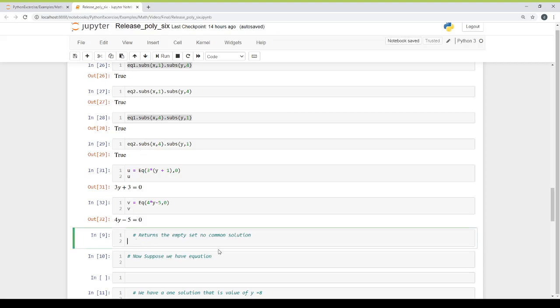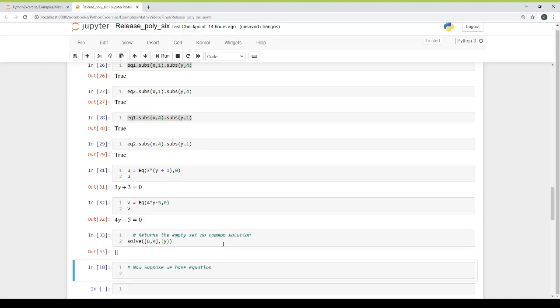Now check and get the solution set for u and v. For that we will call solve u comma v comma y, shift enter. It returns the empty set, no common solution. That means if equations have no common solution, we will get an empty set.